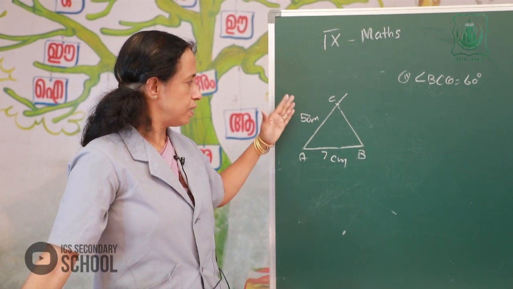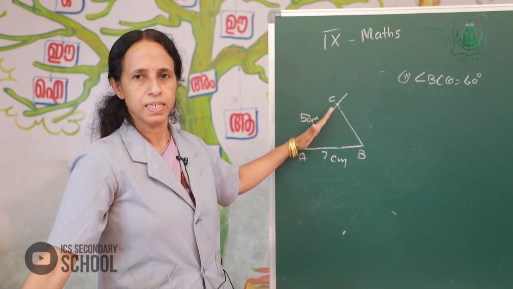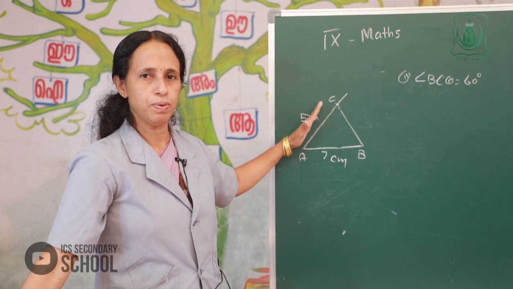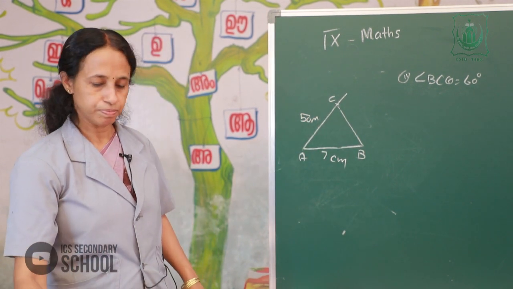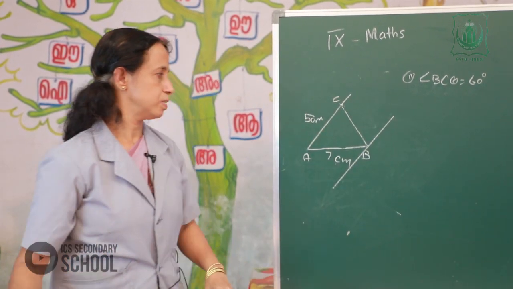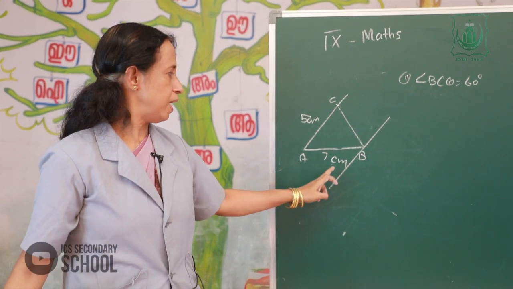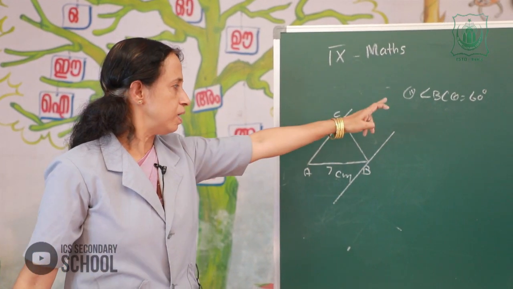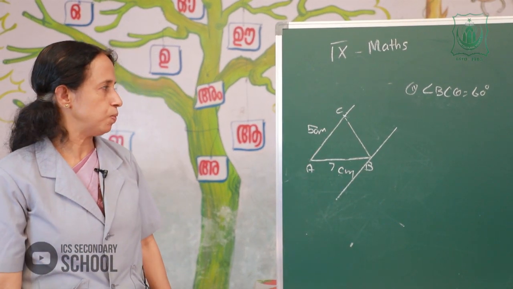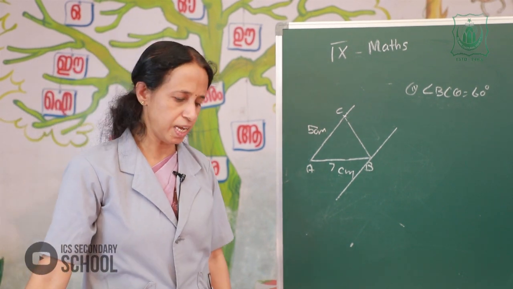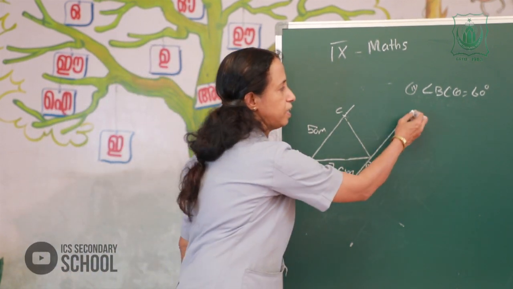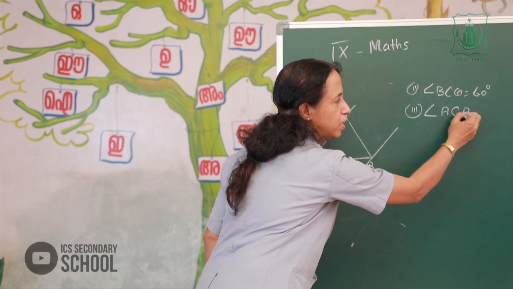Draw a line parallel to AC through B. Here angle is given, angle BCQ is equal to 60 degree and angle ACR is equal to 30 degree. Third question, angle ACR is equal to 30 degree.